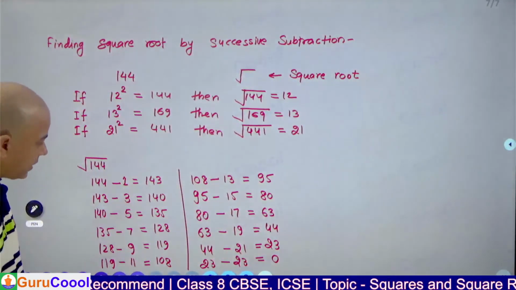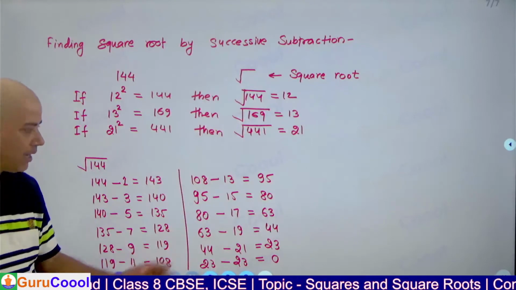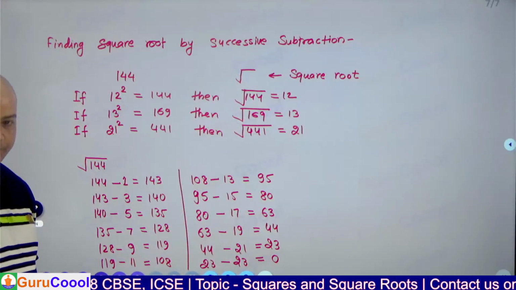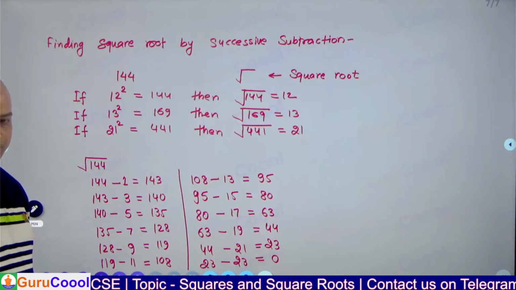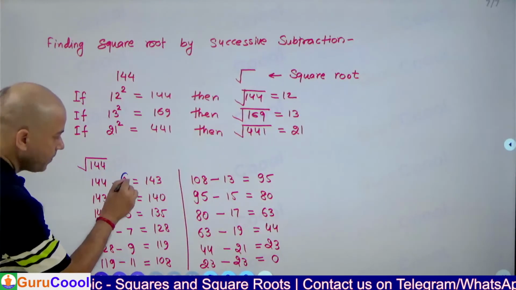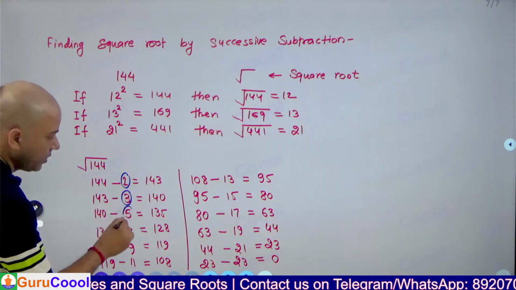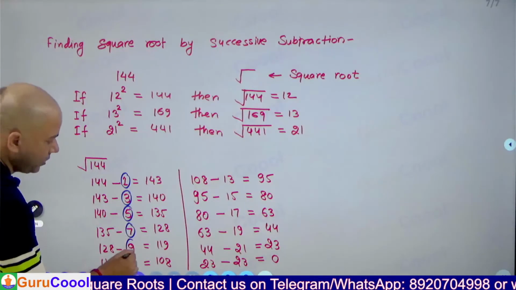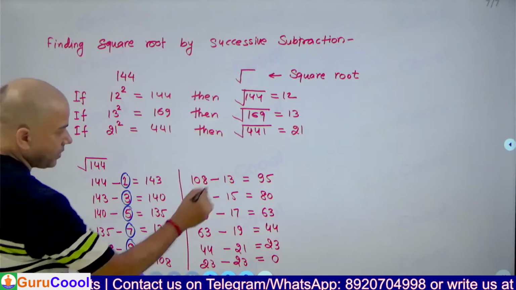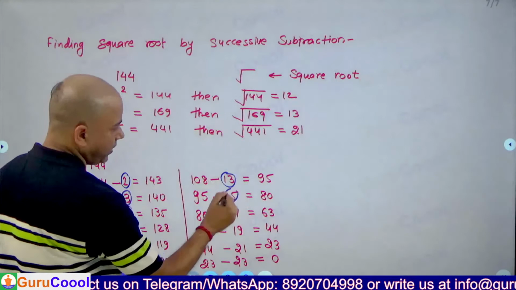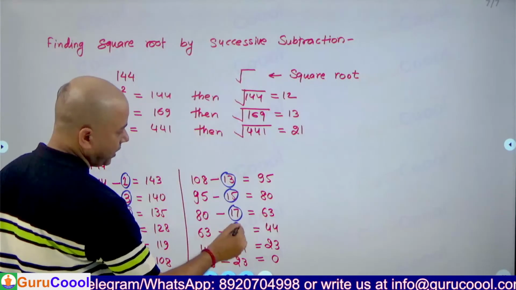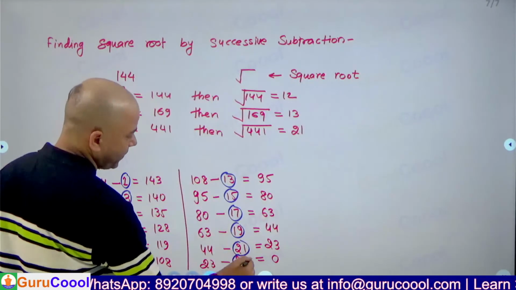Now count how many odd numbers we have subtracted. 1, 2, 3, 4, 5, 6, 7, 8, 9, 10, 11, 12.